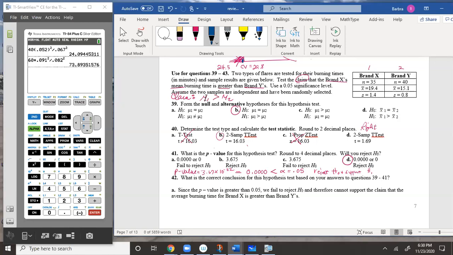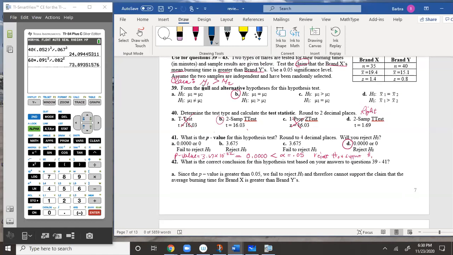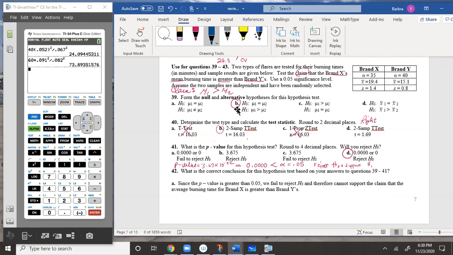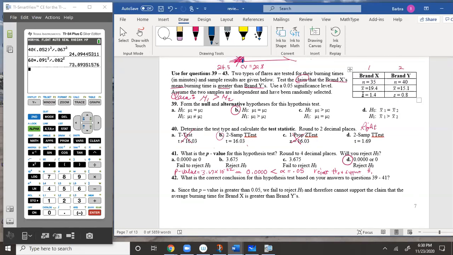So that's how it's a little different now. But we set up the null the same. We set mu1 equal mu2. And the alternative claim is mu1 greater than mu2. So the correct answer there is B. The test type is a two sample t-test because they're giving us data for two samples.